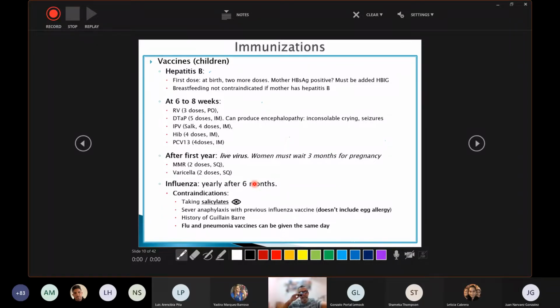Okay, point apart. The problem is that if a person already had Guillain-Barré, it could be risky, could be problematic receiving the influenza vaccine, because it could trigger recurrence of the Guillain-Barré. You understand? So it's the only recommendation that the Center for Disease Control experts say in relation to contraindication of the flu vaccine.